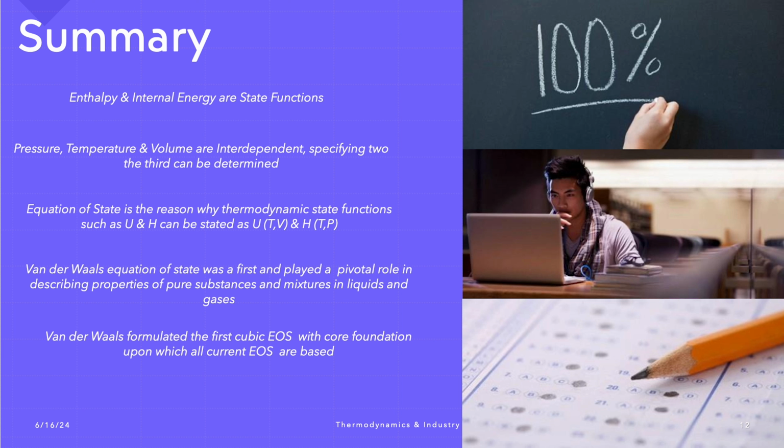The van der Waals equation of state was a first and played a pivotal role in describing properties of pure substances and mixtures in liquids and gases. Van der Waals formulated the first cubic equation of state, the core foundation upon which all current equations of state are based. And with that, we conclude our discussion about equation of state.